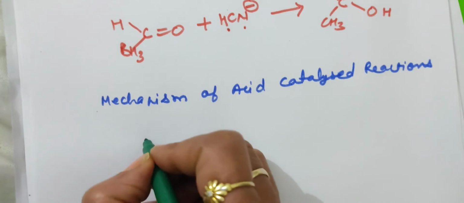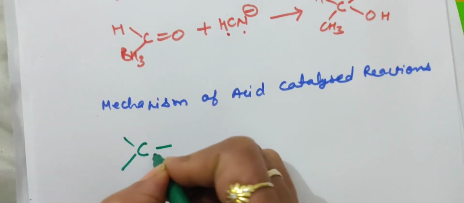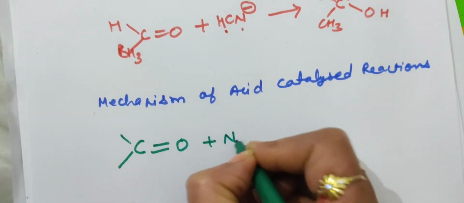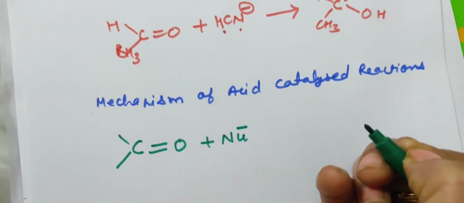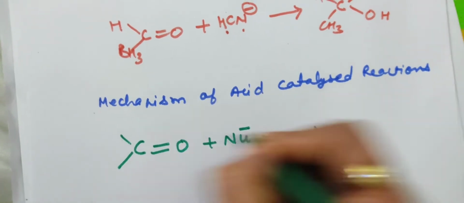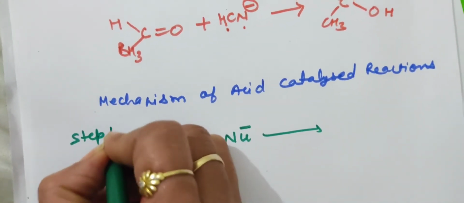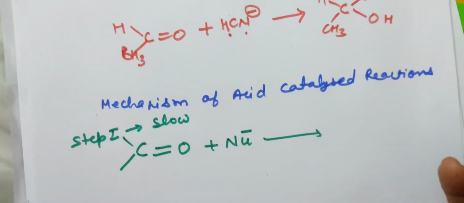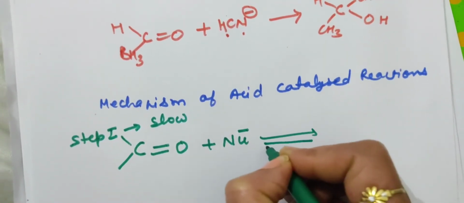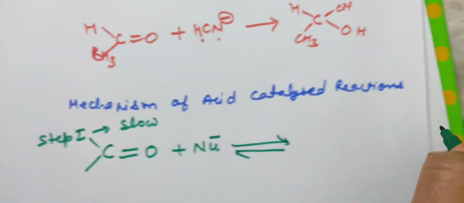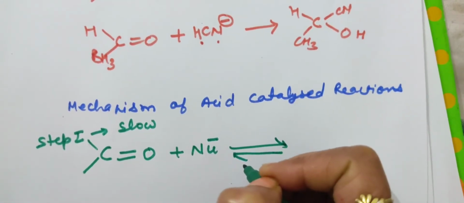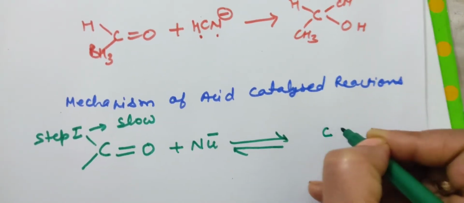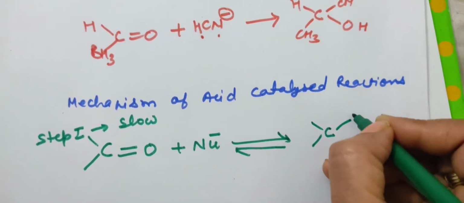Here, any aldehyde or ketone, when any nucleophile reacts with it in the first step, this is step first, which is a slow step, and is also reversible. In the slow step, formation of an intermediate takes place.